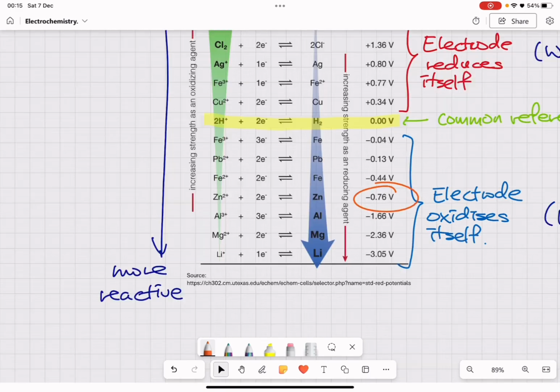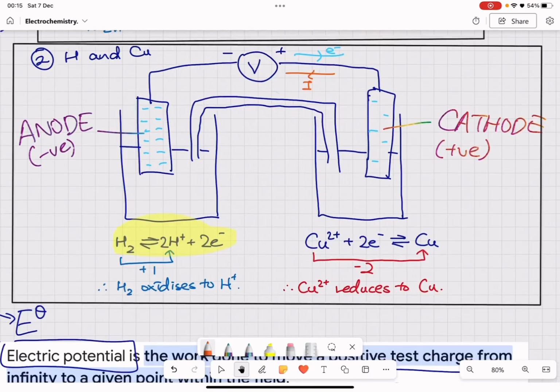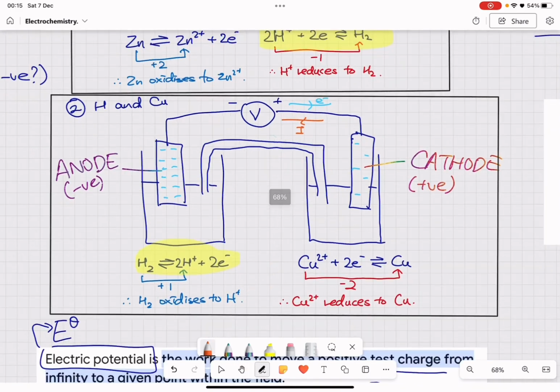Look at here. And for our second example here, hydrogen copper. You see, now we have the copper that is actually transporting the protons.